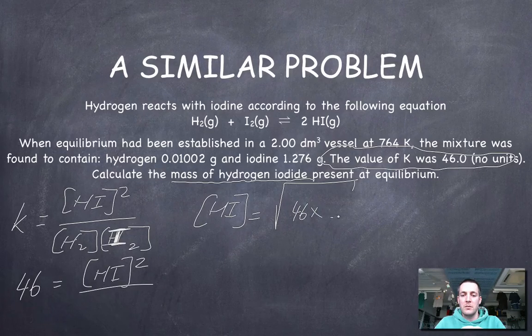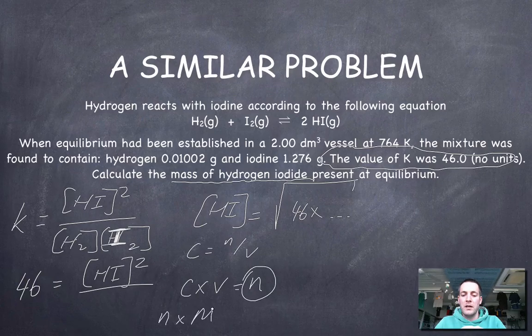Okay, and then we know the concentration of HI. We know that the concentration is the number of moles divided by the volume. So if we multiply this value by the volume, we'll have the number of moles. And now that we know the number of moles, we can multiply that by the molar mass of hydrogen iodide, and we will know the mass.